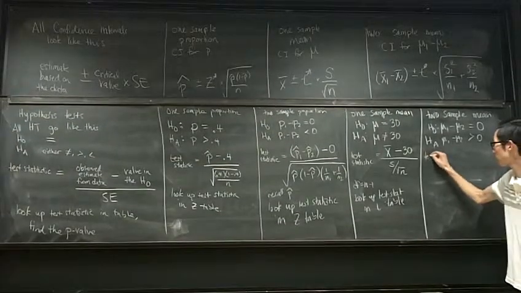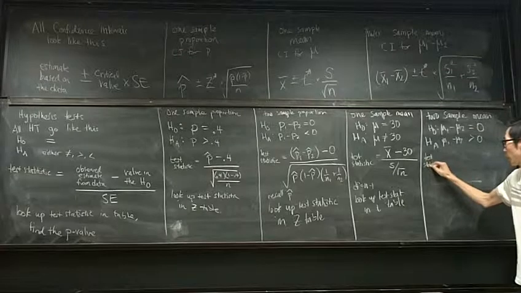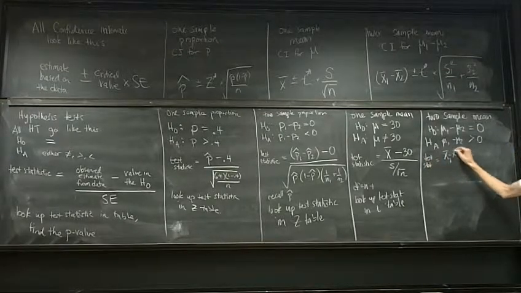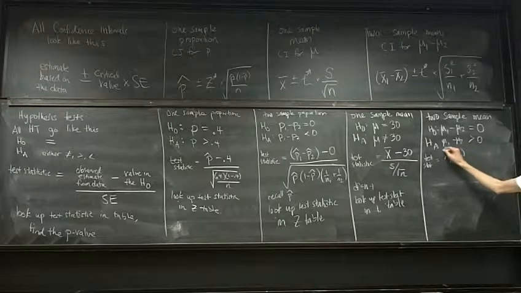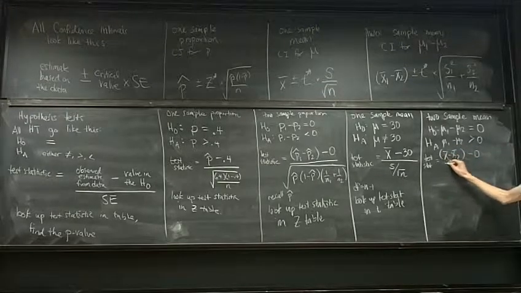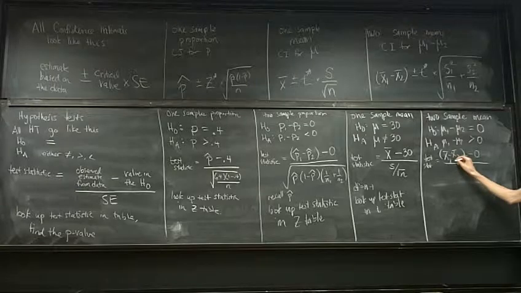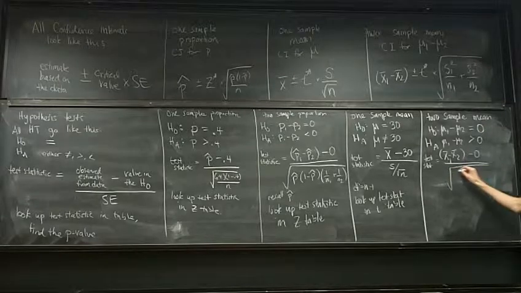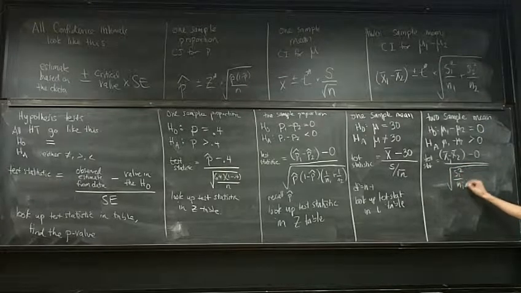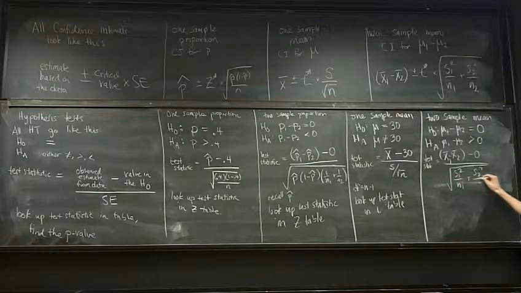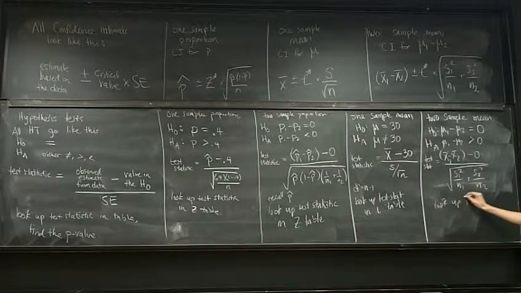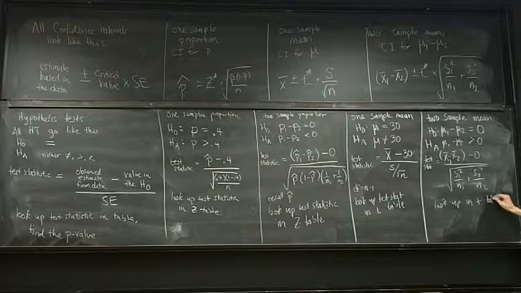Test statistic: x1 bar minus x2 bar, minus 0. This is the estimate coming from the data, minus 0, divided by the standard error. What's the standard error? It's that ugly thing: the square root of S1 squared over N1 plus S2 squared over N2. And again, you look this up in the t-table.